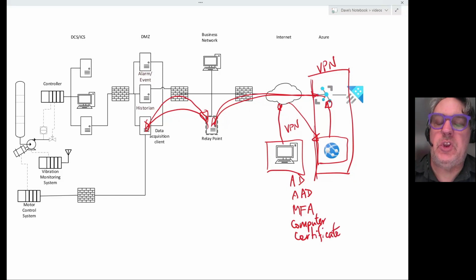And in that case, we know that it's that user, we know that it's that computer, we know there's no man in the middle, and therefore it is valid and secure for us to allow that user to perform the administrative actions that they should be permitted to do. And then the communication through the IoT Hub control plane gives us secure communication down to the data acquisition client.